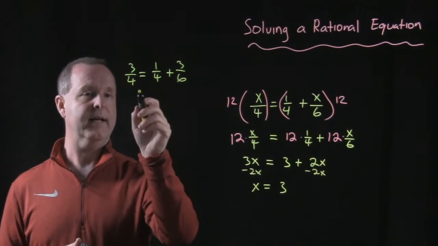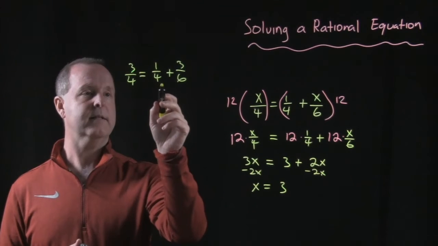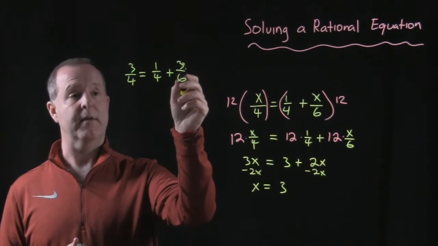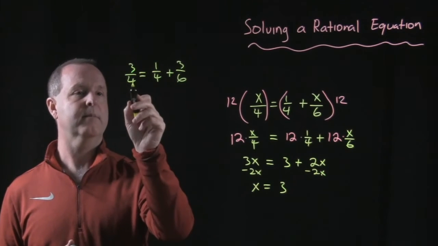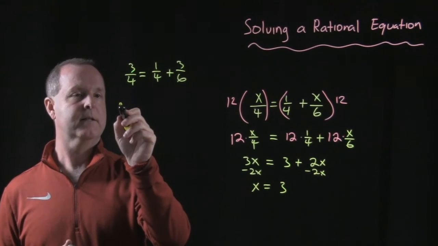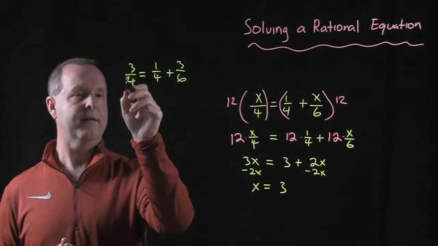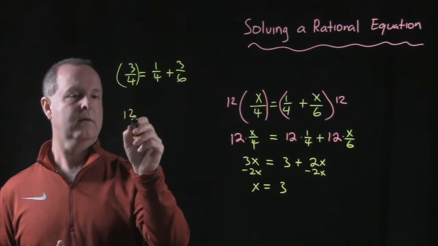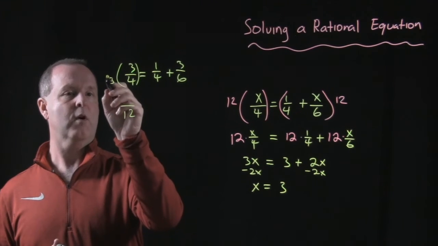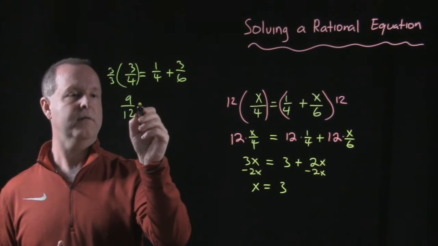We've got to get common denominators on all of these. I know that 3/6 is also equivalent to 2/4, which is another way to do that, but let's write them all over 12. So multiply the first one by 3 over 3, which makes that 9/12.